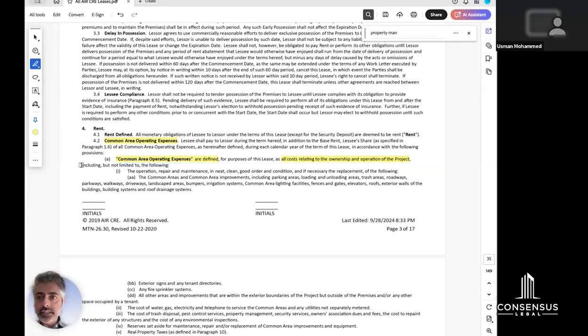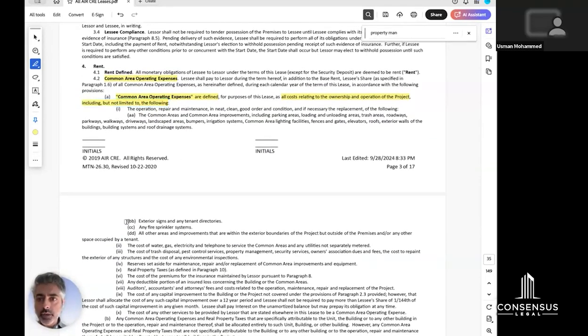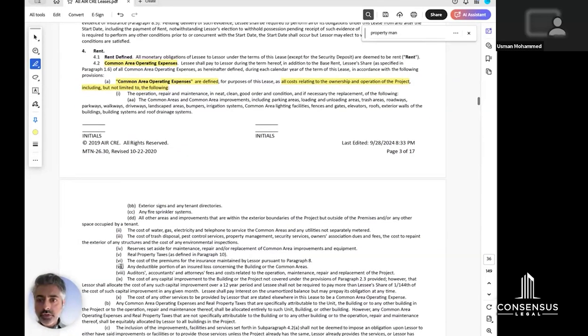And notice it says including but not limited to the following. So it gives a list. Here's Roman numerals 1, 2, 3, all the way to 10. So it gives a list of 10 items that are expressly permitted to be passed through from lessor to lessee. But it's not an exhaustive list because it says including but not limited to the following. So that's the first point that I wanted to mention.